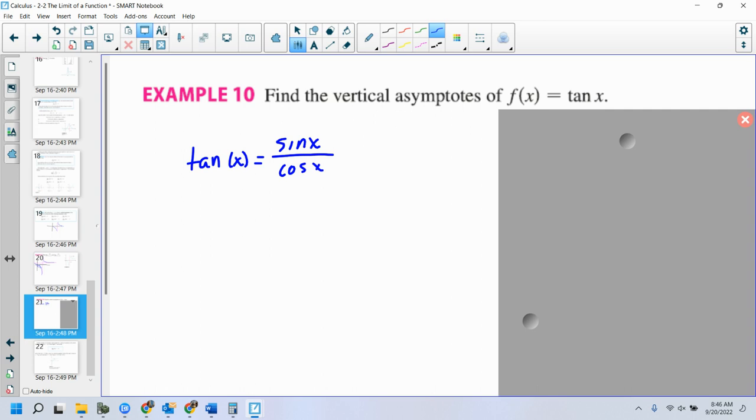Where should vertical asymptotes arise? Where the denominator equals 0, right? The vertical asymptotes are where cosine x is equal to 0. Okay, so what places would have the cosine equaling 0? Where would cosine equal 0?